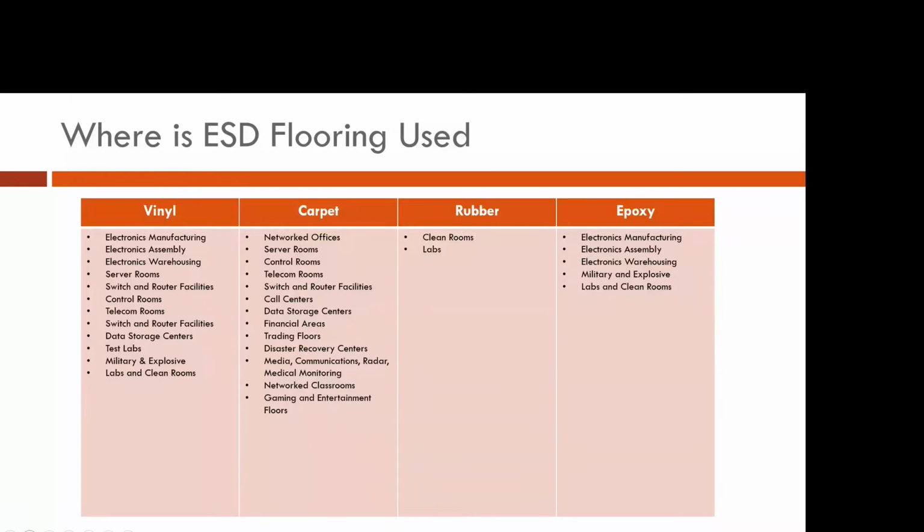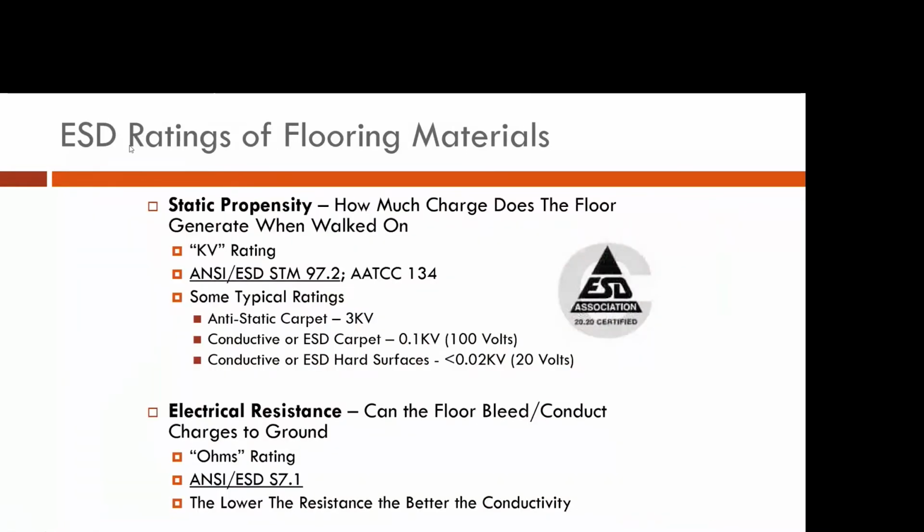Now, rating of ESD flooring materials, you're looking for three types of ratings. One is static propensity, and that's how much charge the floor generates when it's walked across or things are rolled over it, things are moved through it.